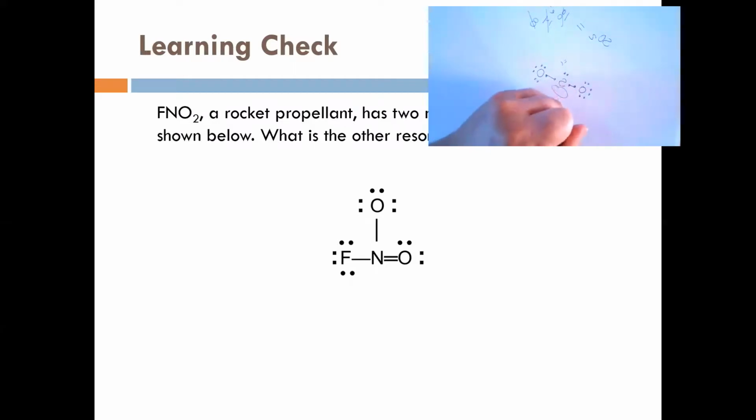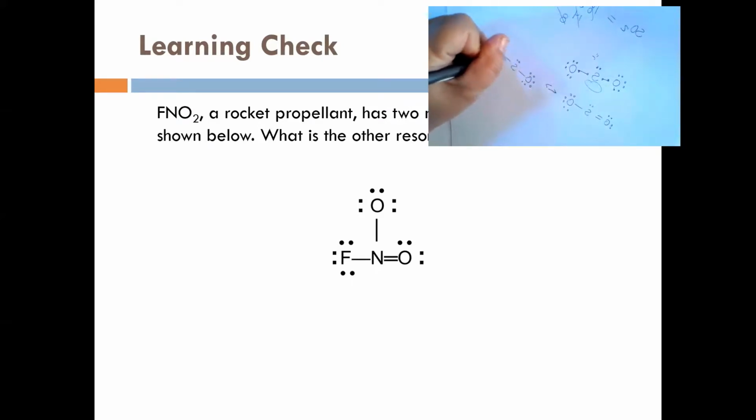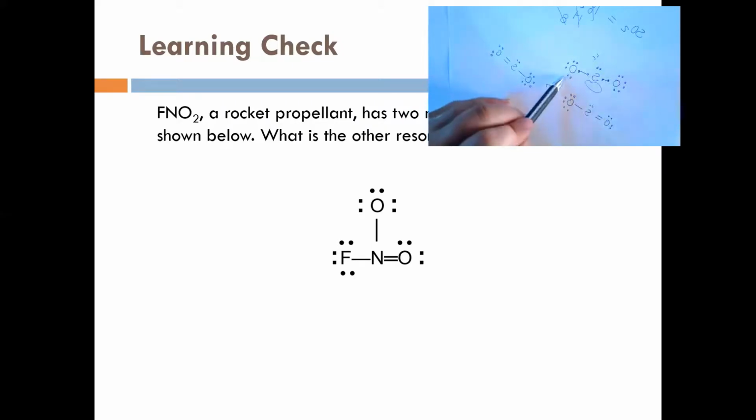So some of the time, it's going to take it from this oxygen, and the other half of the time, hence the arrow forward and back, it's going to take it from the other side. That's what it means to be resonance. Okay, so it's going back and forth which side it's choosing from to get that other paired share.